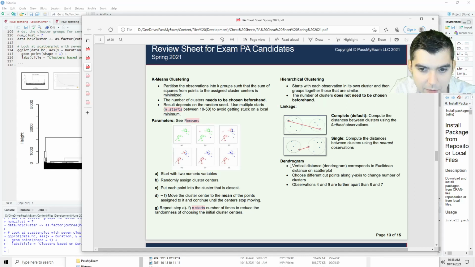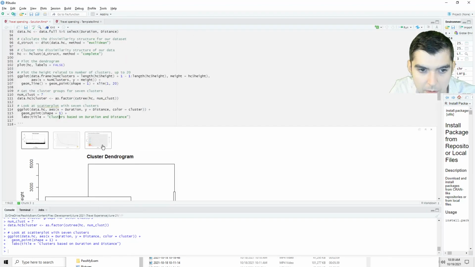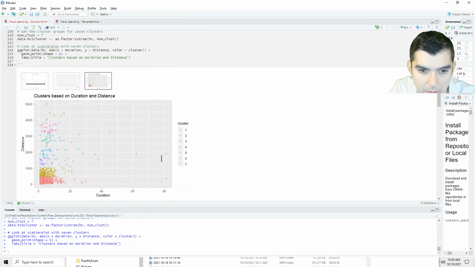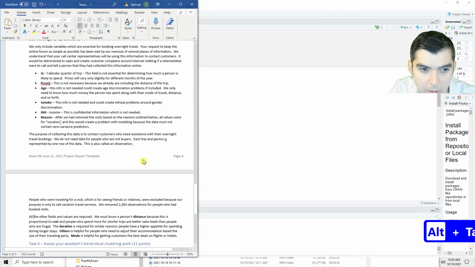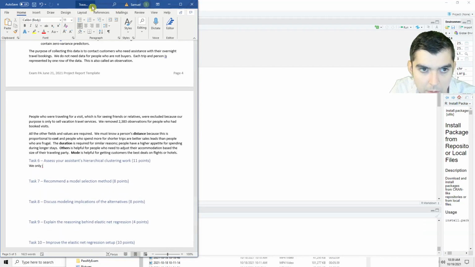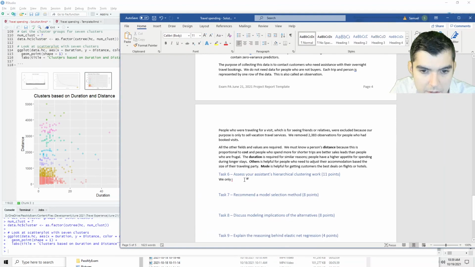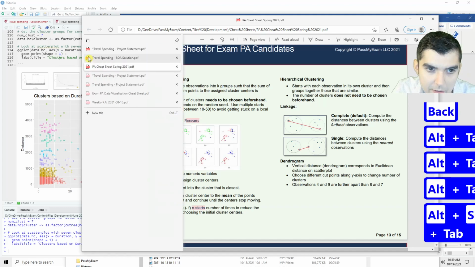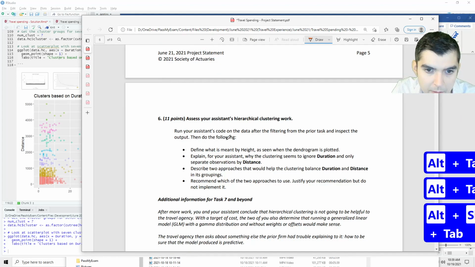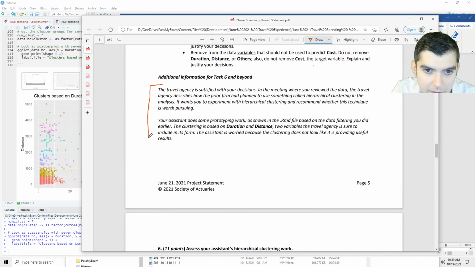The vertical distance in the dendrogram corresponds to Euclidean distance on the scatter plot. The additional info is that they don't know, so always think about the context. This is the context. So they really need you to be an expert.